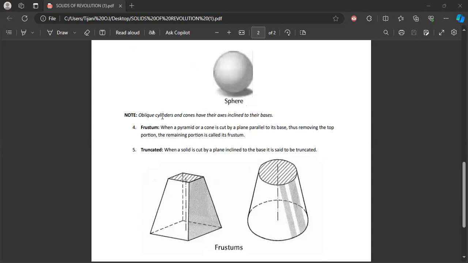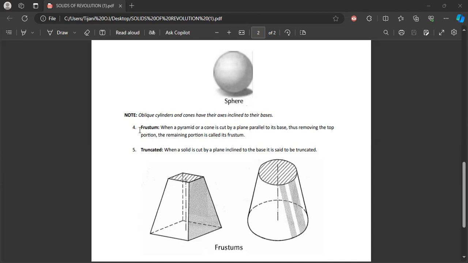When the axis is inclined at an angle to the base, we call it an oblique cylinder or oblique cone, or it can be an oblique prism or oblique pyramid. Then we also have a right cylinder and a right cone, which means the axis is at a right angle to the base. That's the difference.